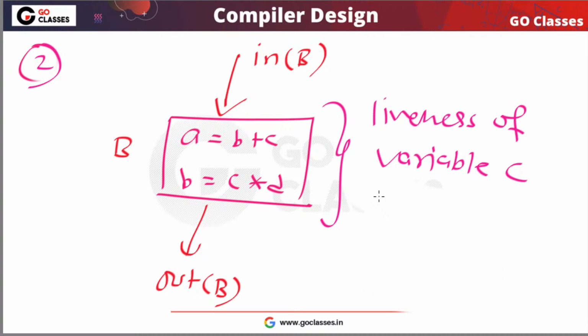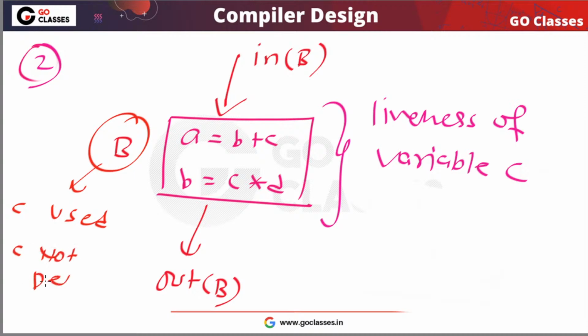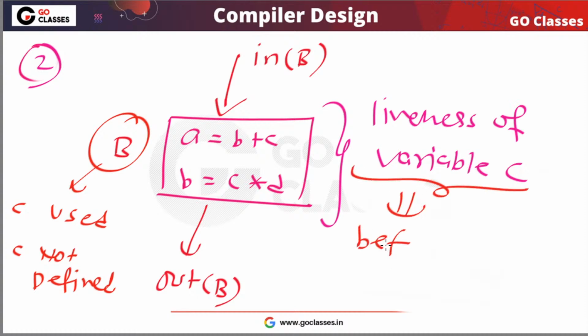You can notice that C is used, but C is not defined in this basic block. Then I can say that before the basic block, C is live. I can say before B, C is live. Yes or no?